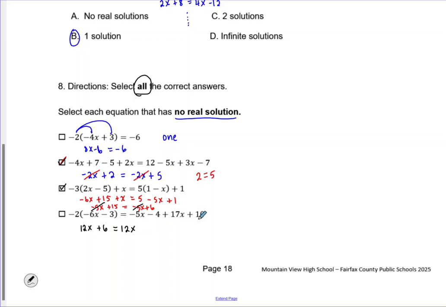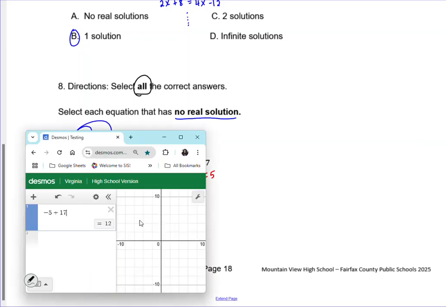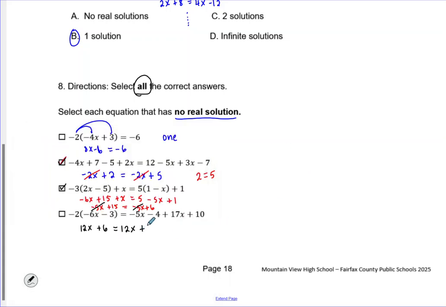And then negative 4 plus 10 is positive 6 as well. So look, I have the same thing on both sides of the equal sign. So this is the one where you have all real numbers. Okay, so this is all real, and this is no solution, and this is no solution.